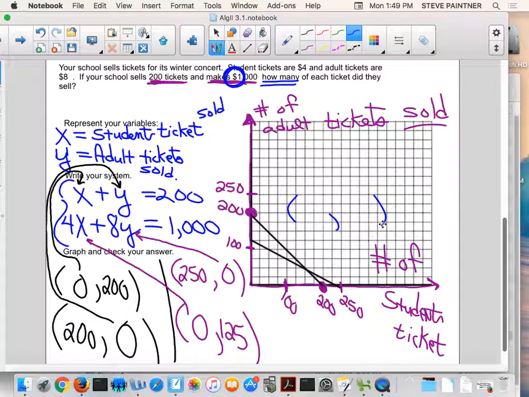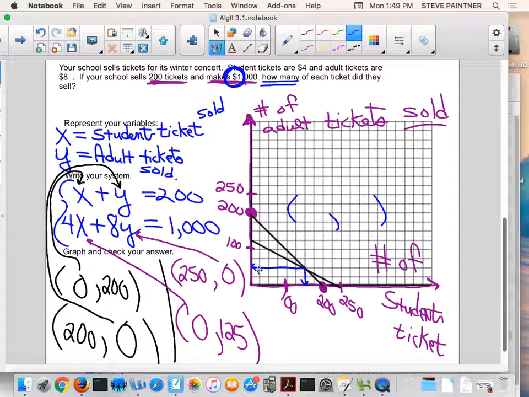Anybody want to try it? Where'd they intersect? Somewhere, yeah, somewhere. Okay, I'll show you where. Right here. Right there. Right there and right there on my graph.